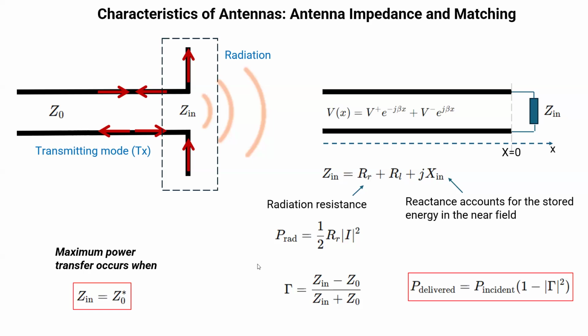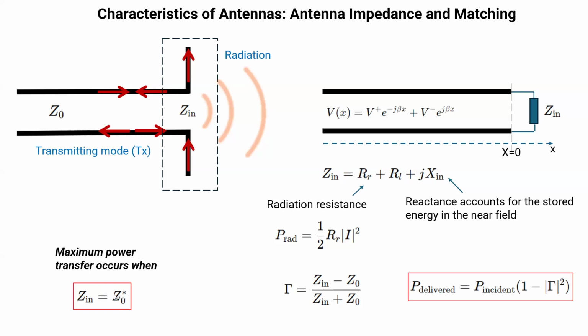A more rigorous analysis shows that this actually happens when the input impedance of the antenna is the complex conjugate of the transmission line characteristic impedance.